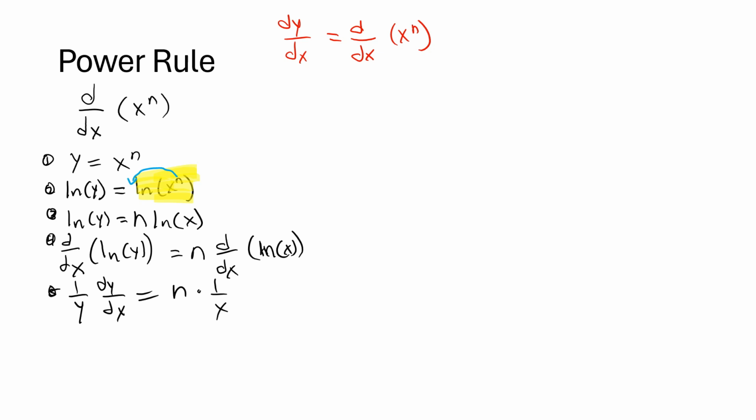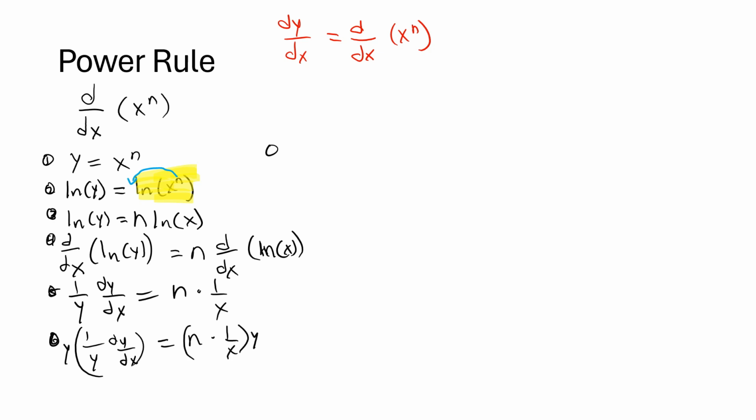Then the sixth step, I'm just going to multiply both sides by y. So I'm going to do 1 over y dy by dx, and I'm going to multiply both sides by y. n times 1 over x times y.